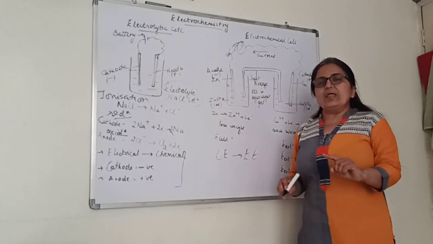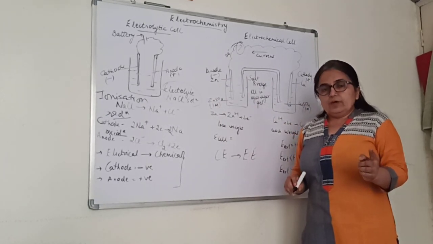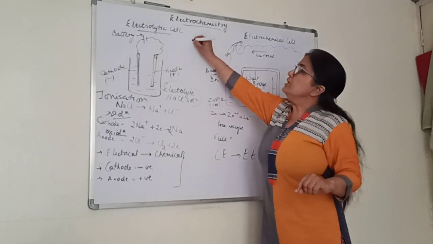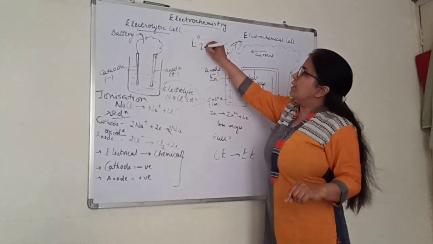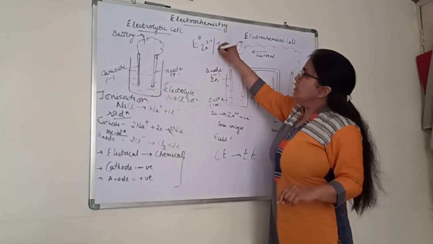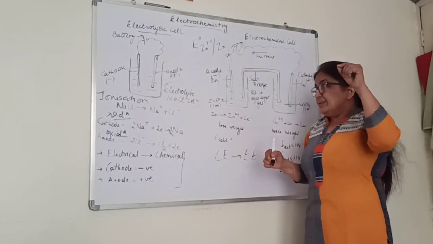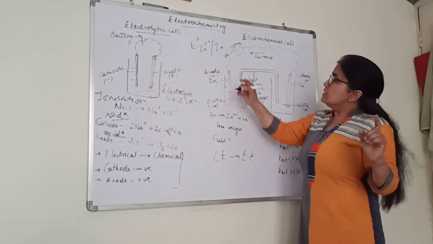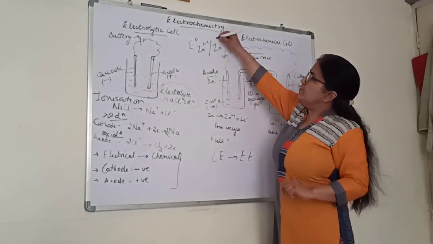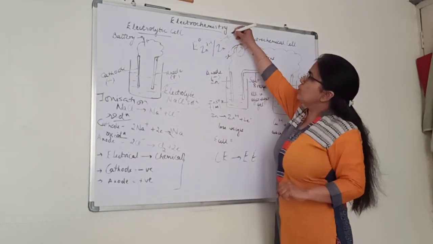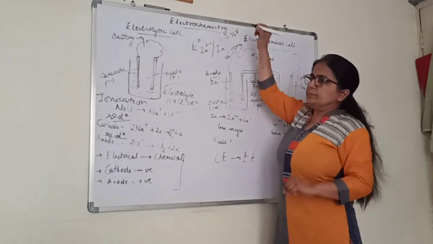Now, which electrode will act as anode and cathode will depend upon the E0 values. If you remember this, electrode reduction potential values will decide which electrode will act as anode or cathode. So, we know for zinc the value is minus 0.76 volt.